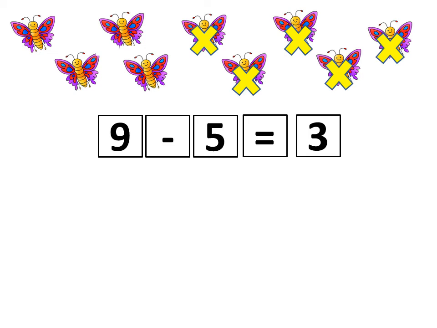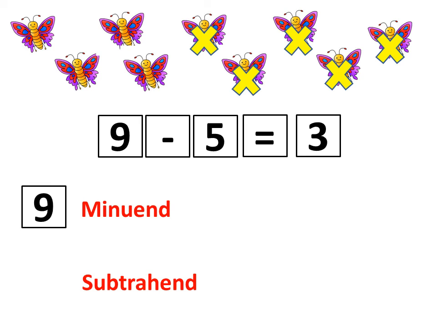Let's look at the number sentence. 9 minus 5 equals 3. What is the minuend? Very good, it's number 9. And what is the subtrahend? Very good, it's number 5.